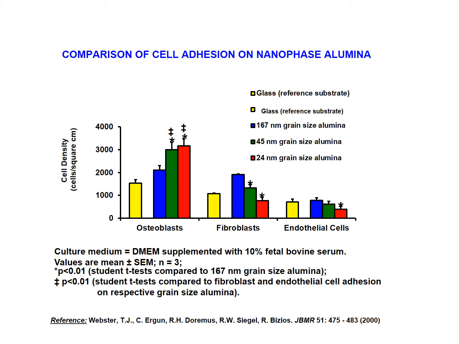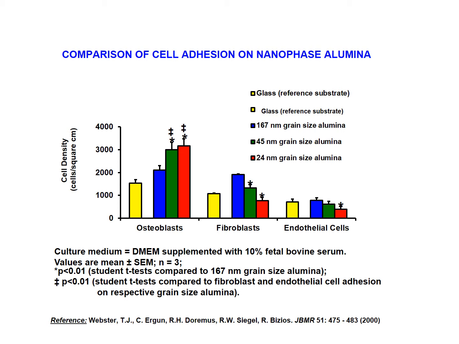This particular result is of great importance because, as I mentioned earlier, we consider fibroblasts as a competing cell line for the function of new bone formation. Fibroblasts are associated with formation of soft tissue. In contrast, osteoblasts are the cells which promote or create new tissue, namely bone.